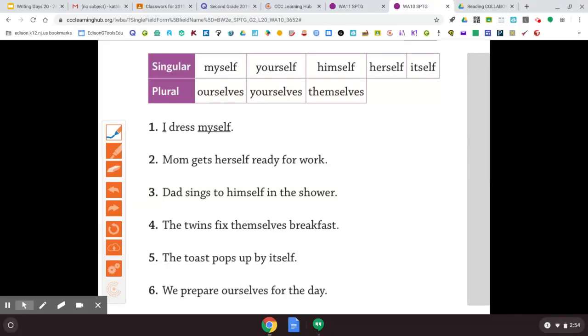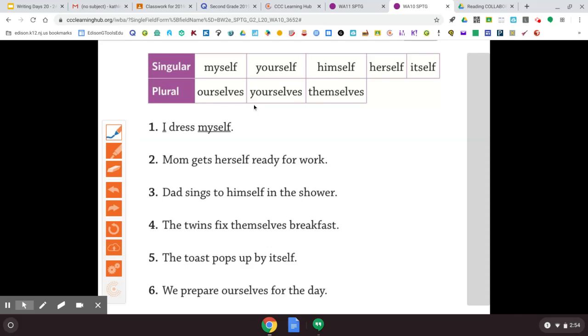In this lesson, you're going to learn how to use another kind of pronoun. A pronoun that ends with the word self or selves is called a reflexive pronoun. It comes after the verb, and we use it to talk about the same person as the noun or pronoun in the subject.